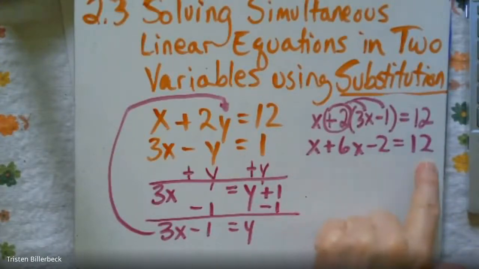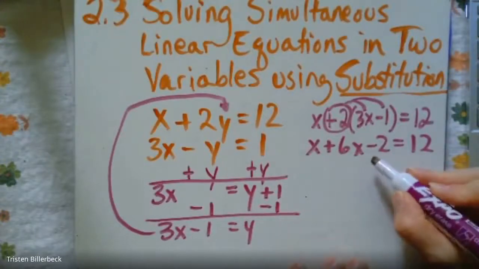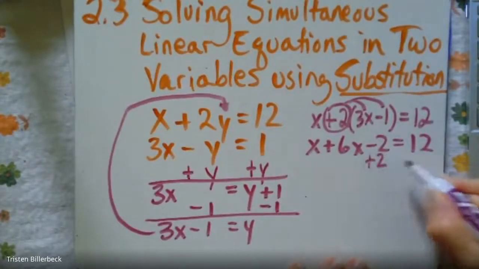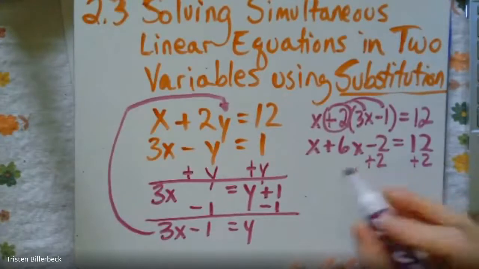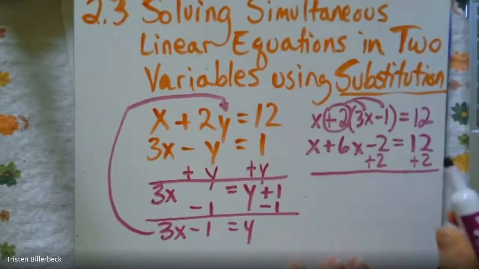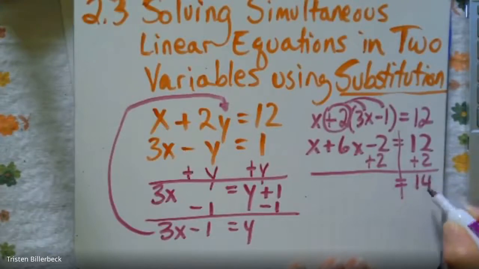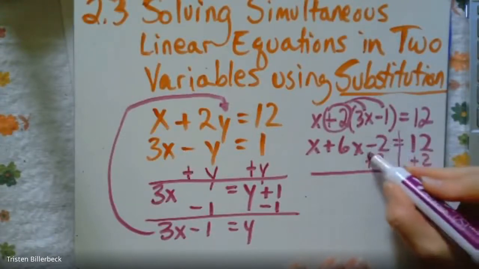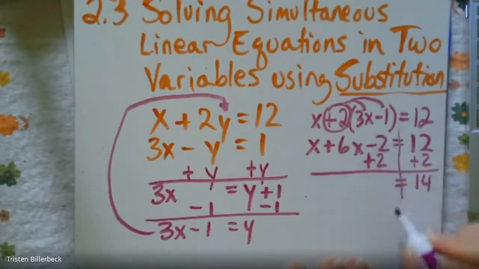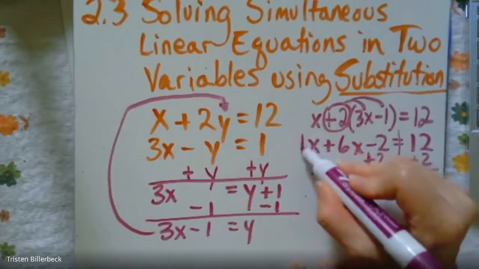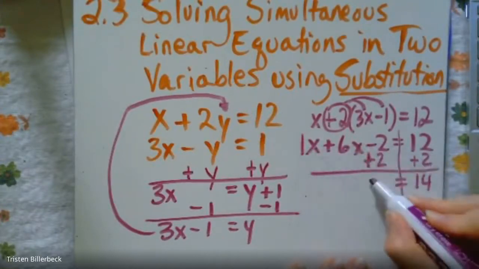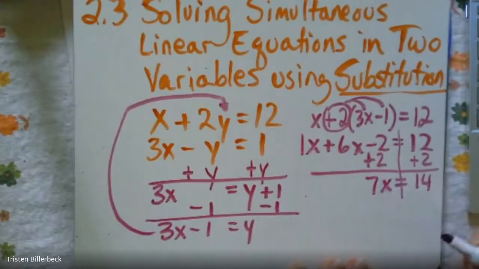So I want to move that to the other side. It's a negative 2, so its additive inverse is a positive 2. And what I get is 14 here. That's a 0. Negative 2 plus 2 is 0. And this is a 1x plus 6, so that gives me a 7x.